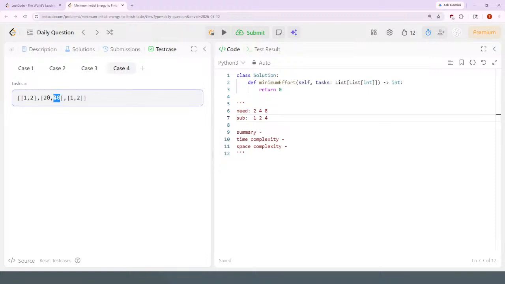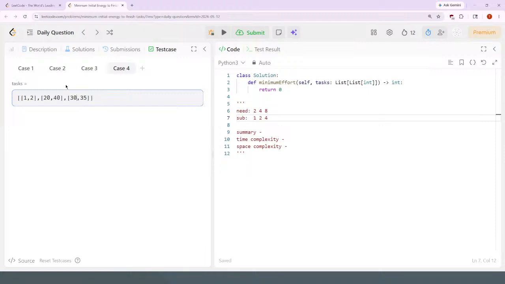40. If this was something like, let's say, there was a 40, maybe a 35, 30.